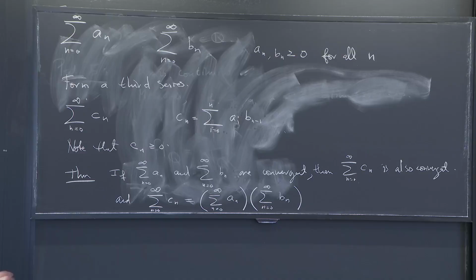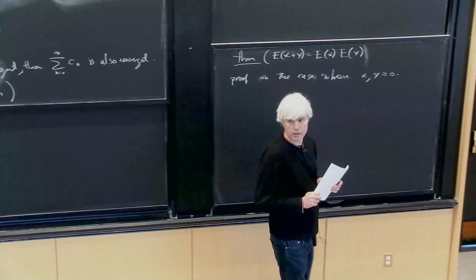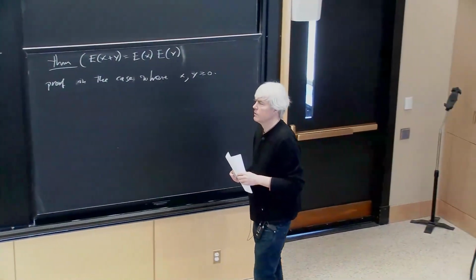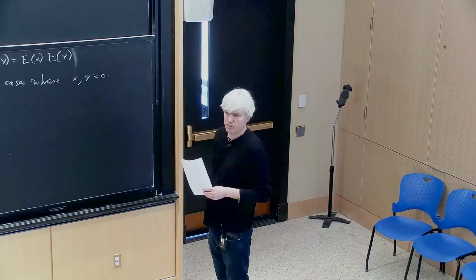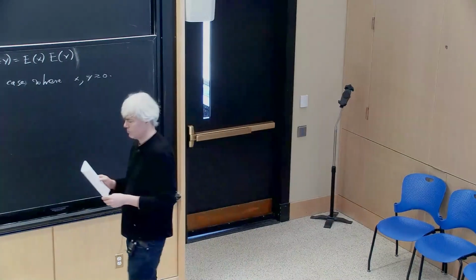And then if the two series you started with are convergent, then this product series is also convergent. And the sum of the product series is really the product of the sums of the other two series. Okay.